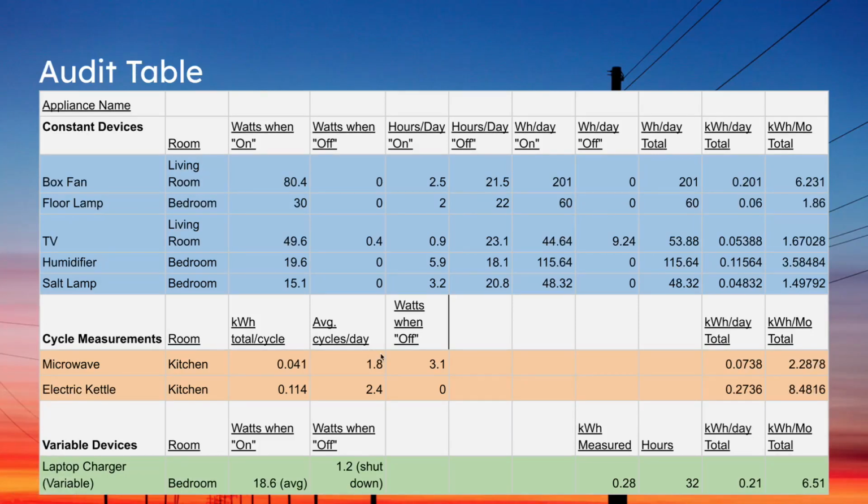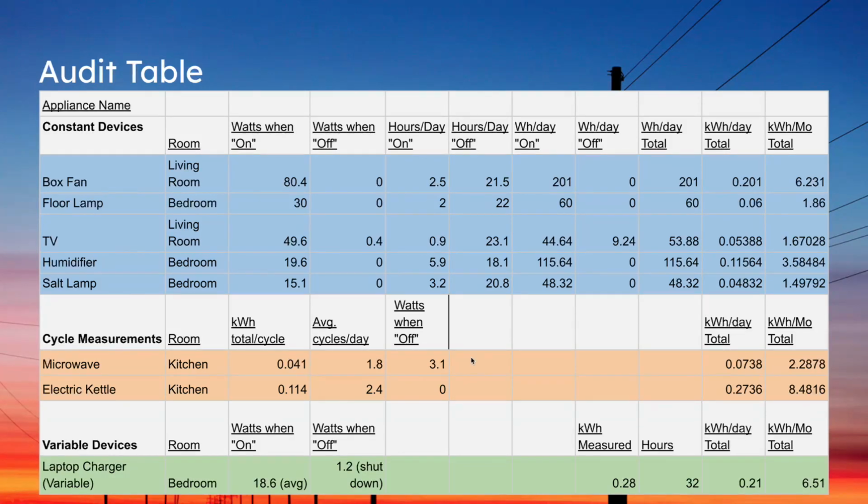For the cycled ones, I just took the amount of kilowatt hours it used each cycle for the microwave and electric kettle and multiplied that by the average amount of cycles that we used per day over the course of the week to get the totals for the days and the months.